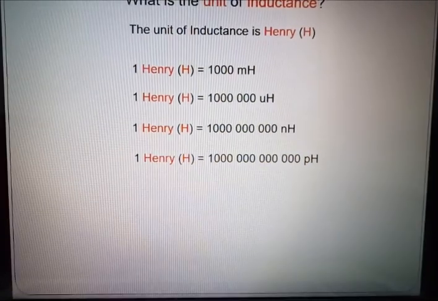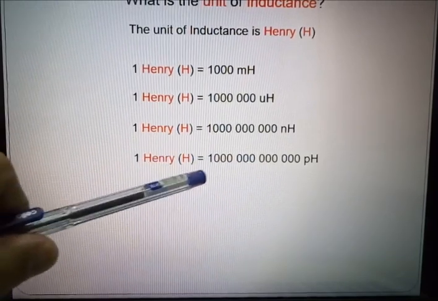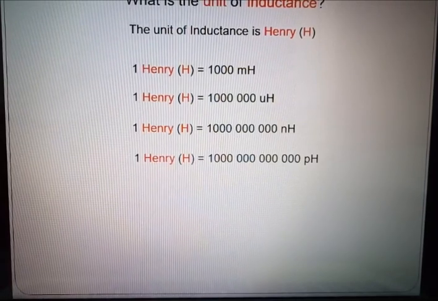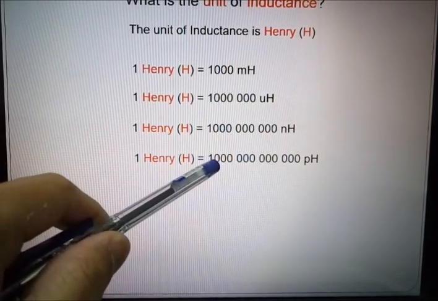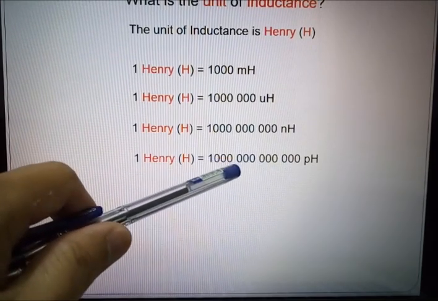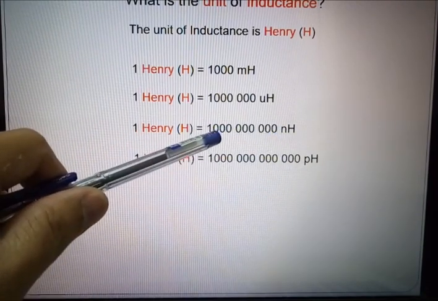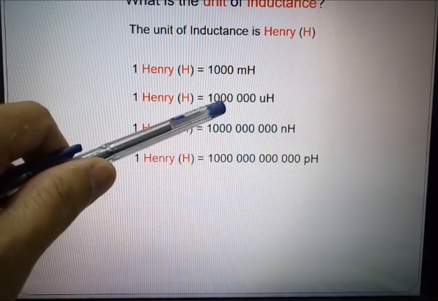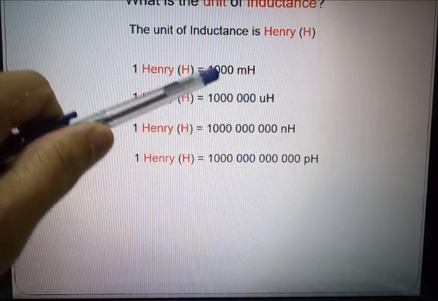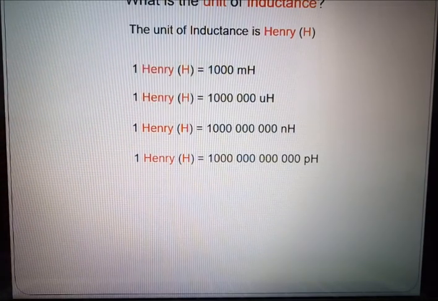And then another equivalent of 1 Henry is 1 trillion picohenry. Now 1 trillion has 12 zeros, the picohenry; the nanohenry has 9 zeros; 1 million microhenry has 6 zeros; and millihenry has 3 zeros.